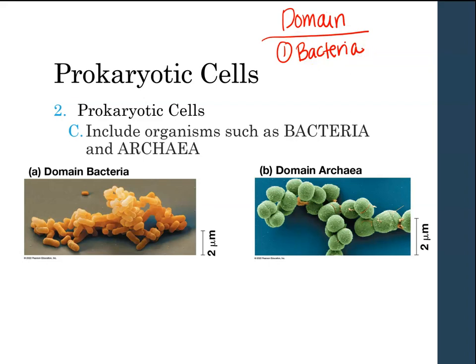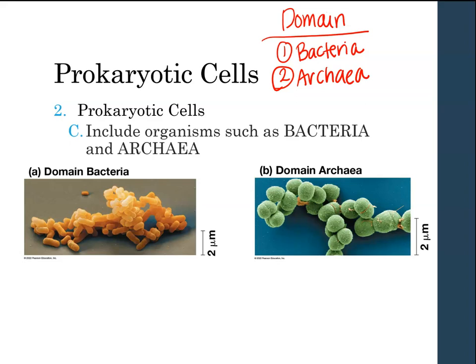Things like E. coli and streptococcus. We often think of bacteria in a negative light. They're things that make us sick. They're dirty. They're not all bad. But one of our big domains is bacteria, and our second is Archaea. These are just really, really big inclusive groups of organisms.